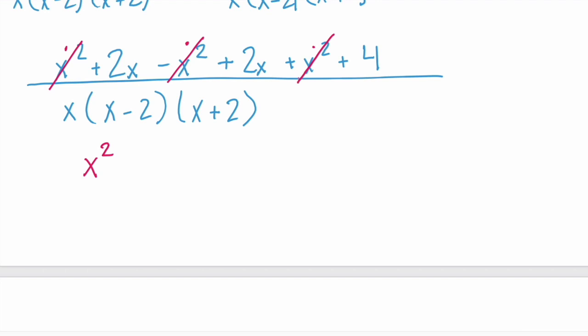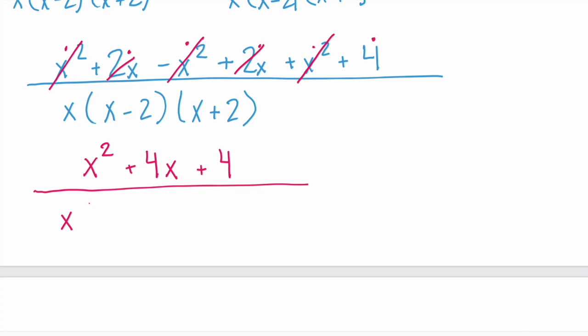And I'll cross that out because I know I've covered it and moved it on to the next line. Next, I have just my x's. I have a plus 2x and a plus 2x. And when I combine those together, they add to 4x. And all I have left is this term of minus 4 in the numerator. So I've simplified my numerator, and then I rewrite my denominator.